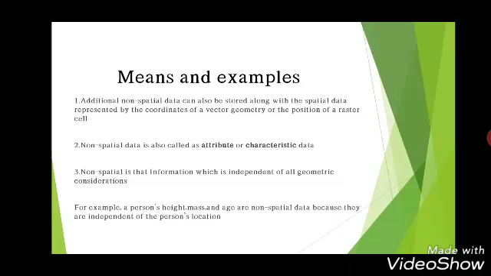And non-spatial is that information which is independent of all geometric considerations, like it's not dependent on other considerations. For example, a person's height, mass and age are non-spatial data because they are independent of the person's location.